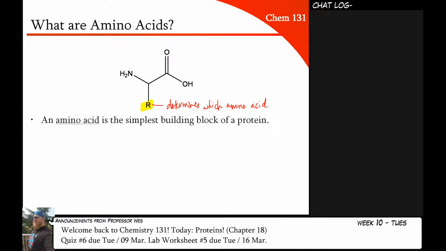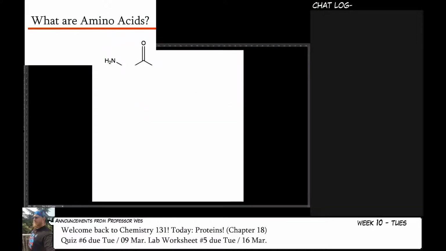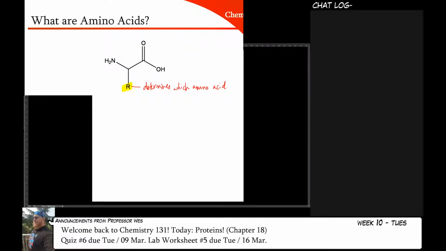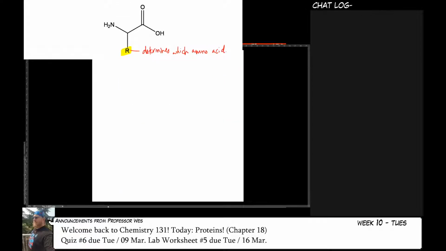All right, so how do we chain a bunch of these things together? Apparently there's my link for the amino acids. How the heck do I chain a bunch of these things together? I was hoping that it would show me a picture, but it didn't. So let me just get this out of the way here. Oh, Photoshop, come on.